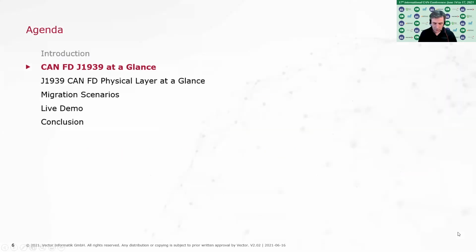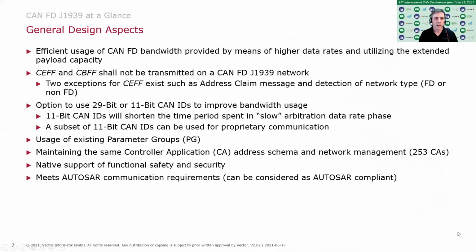Okay, then this was really at the introduction level. Now let's have a look at the details. So, J1939 FD at a glance. The general design aspect that we set for our activities is that we would like to use the CAN FD bandwidth very efficiently.